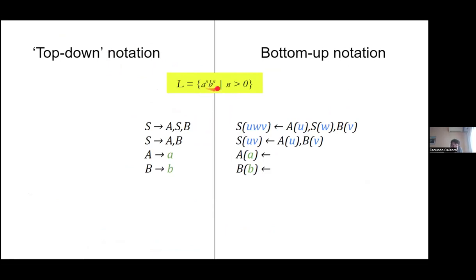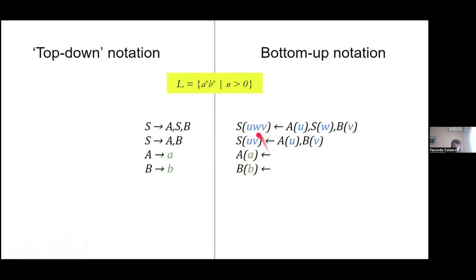They define the same language that we are seeing here. And here, of course, these are terminal symbols. But the blue letters are string variables, while the green letters are constant strings, if we want.